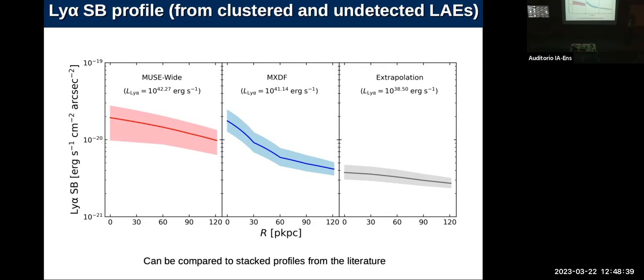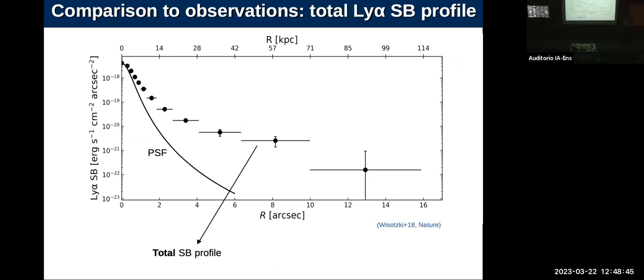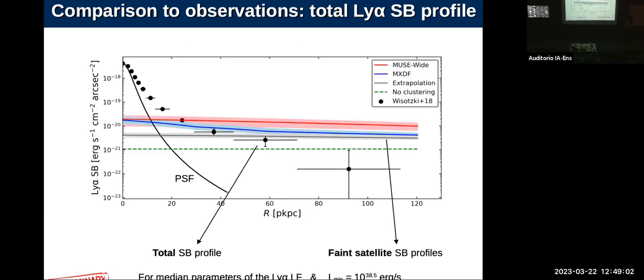So now I can take these three profiles and compare them to what is measured in the literature. If you remember, we would take all the images of the Lyman-alpha emitters and stack them together, and this is the profile that is obtained in the literature. So if I plot my satellite profiles on top of this total Lyman-alpha surface brightness profile, this is how it looks.